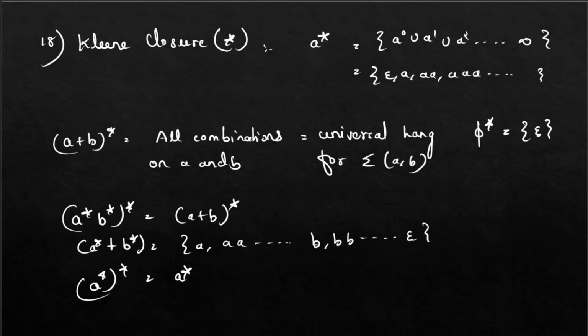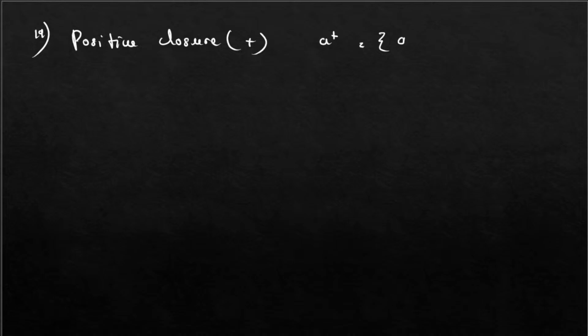Now let's see 19th, which is positive closure. So positive closure is plus, and A plus means epsilon is not there, but it will be A till infinite. Here the difference is epsilon is not there. So A star is nothing but A plus epsilon, and A plus is nothing but A star minus epsilon.